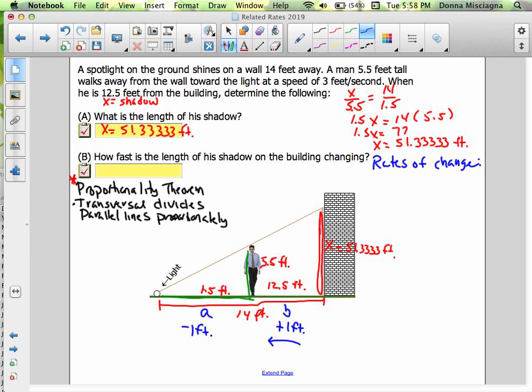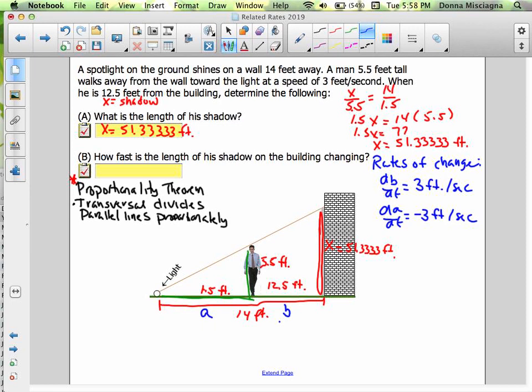If B here, if dB dt, so he's increasing his distance between himself and the wall because he's walking away from the wall. So dB dt is 3 feet per second. dA dt has to be negative 3 feet per second because there's only 14 feet there.